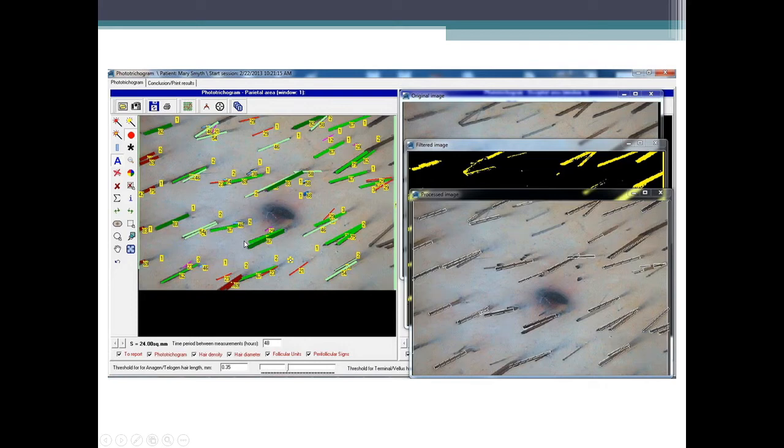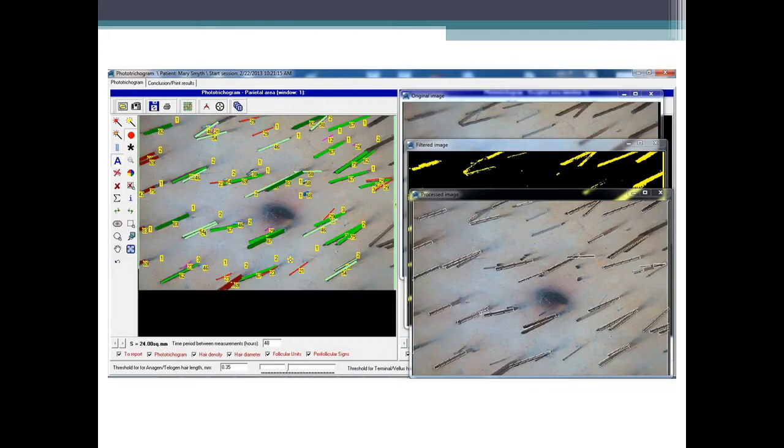And right now there is a boom of computer digital dermoscopes connected with a PC, and for example, this is very useful in some tricky cases when you want to evaluate the efficacy, because hair grows very slowly and the patients are of course nervous because of that, and they want to know if it's working in a few weeks.